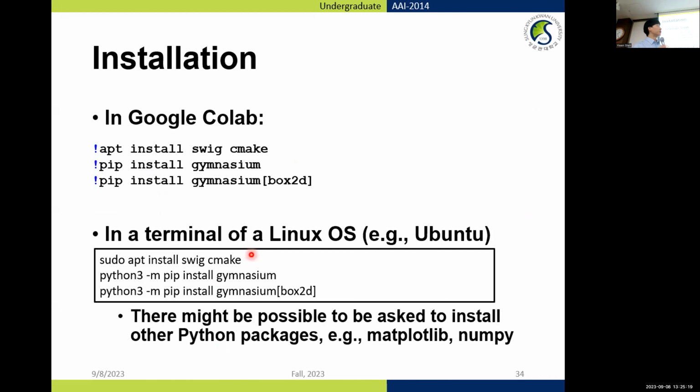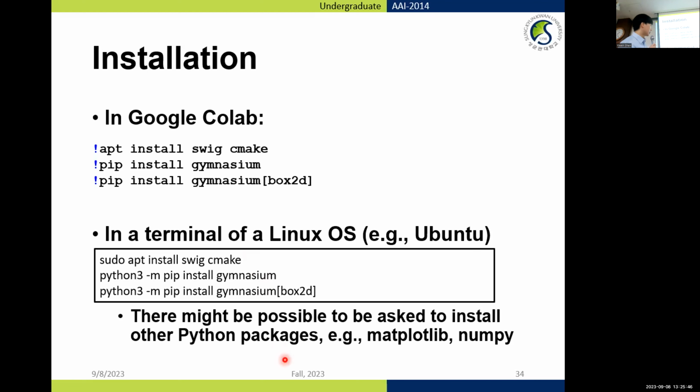How can you use it? You can use it either in Google Colab or run locally on your computer, in the terminal. You can install it on a Linux OS like Ubuntu. If you are using Google Colab, you can just apt install following this command.